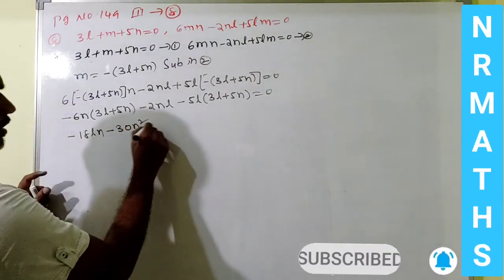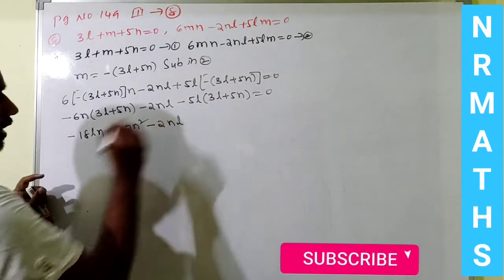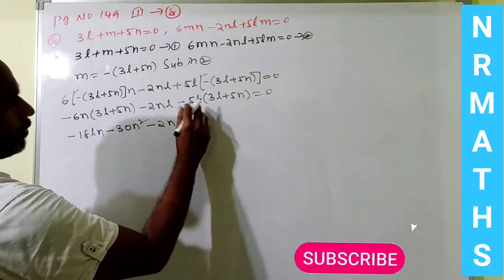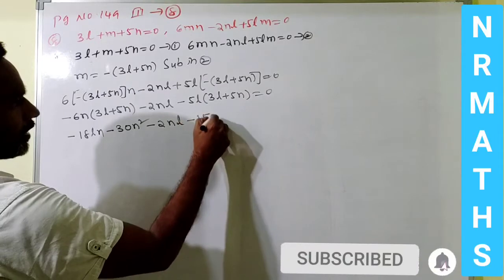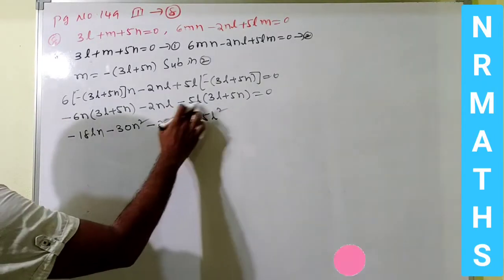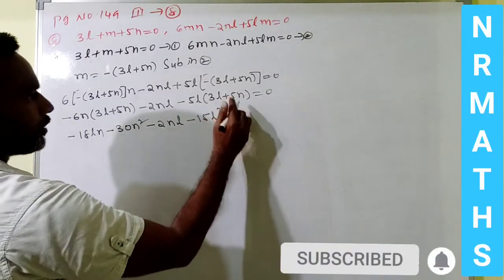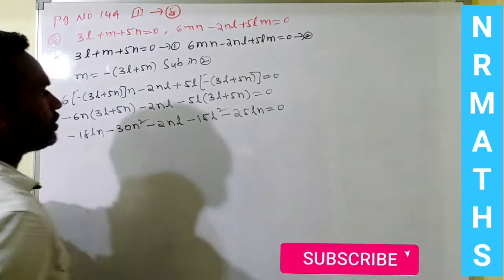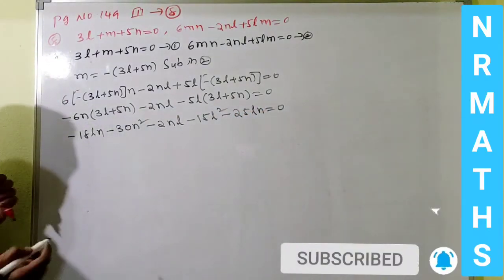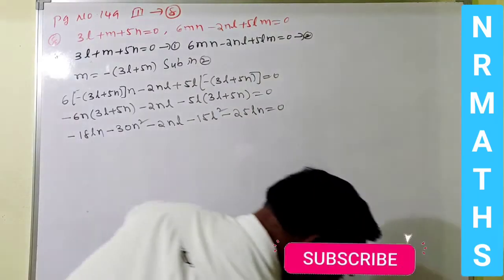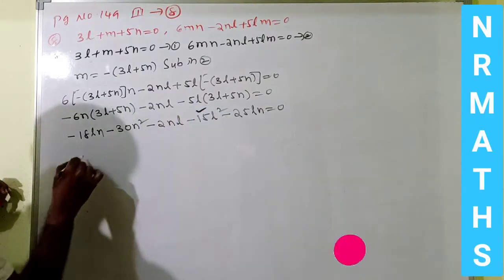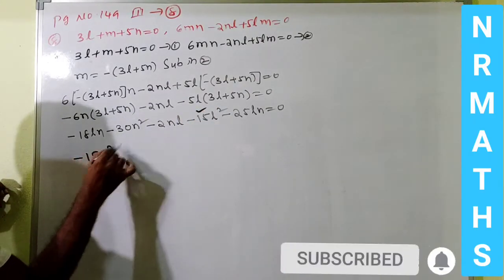Next, minus 2NL. Next, minus 5L into 3, minus 15 L square, and minus 5 into 5, minus 25 LN, is equal to 0. First write down the L square coefficient: minus 15 L square.